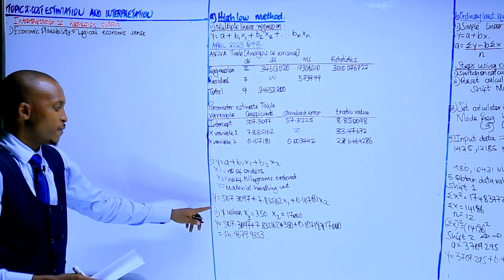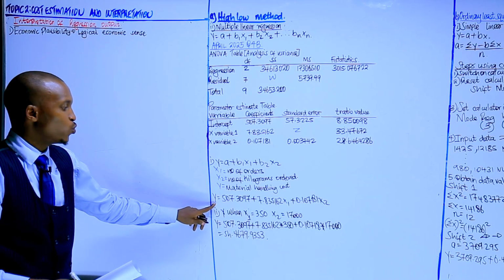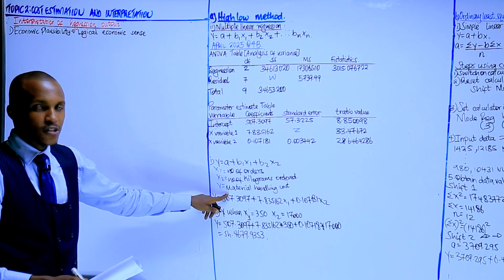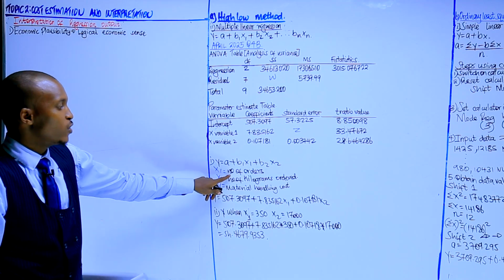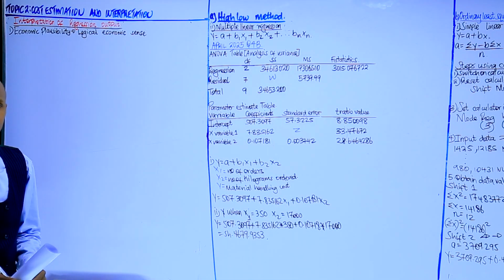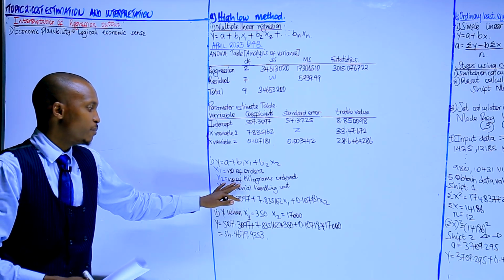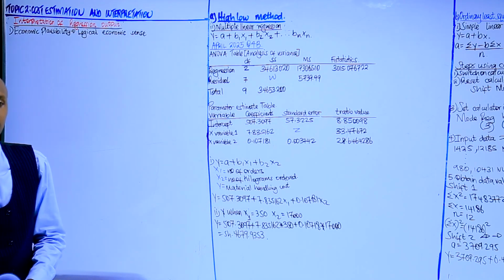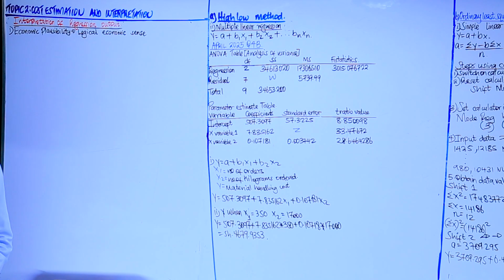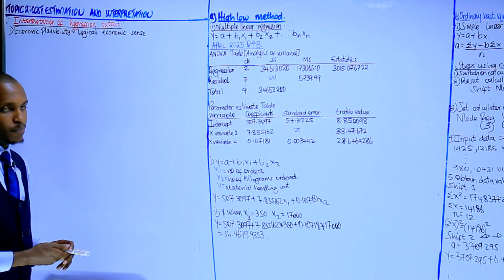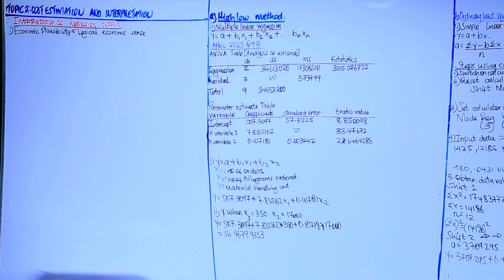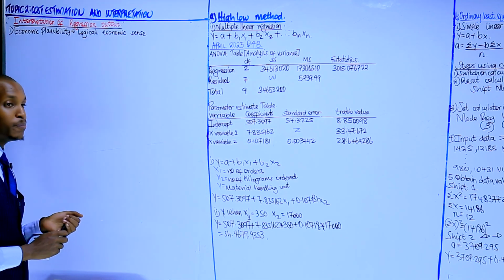In this equation, is it true that the material handling cost can be affected by your number of orders economically? Is it also true that your material handling cost can be affected by the number of kgs? That is what we refer to as economic plausibility.